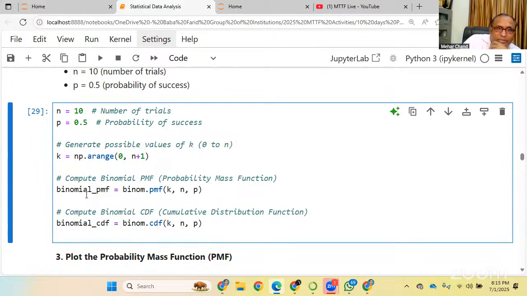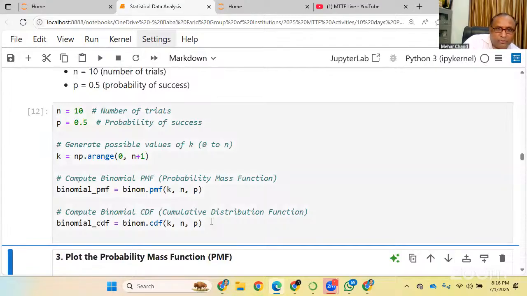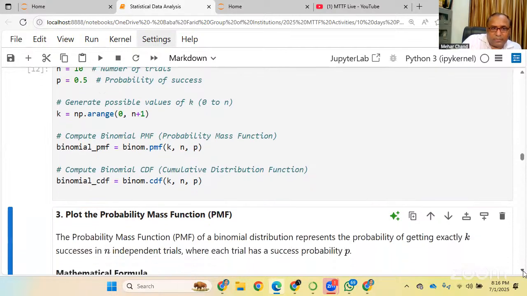Then we compute the binomial probability mass function, the PMF, with binom.pmf, and we put in these values k, n and p. Here we also have the cumulative distribution function, binom.cdf, and you can shift and enter. So all these are computed. Now we have to plot the probability mass function, and here is the code.